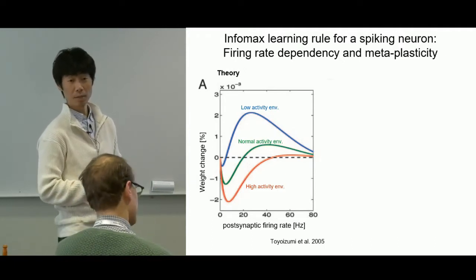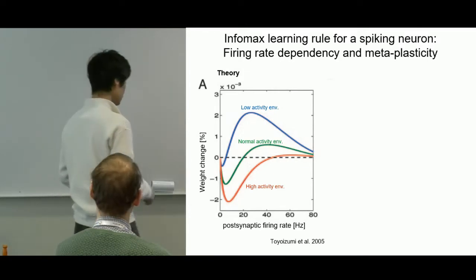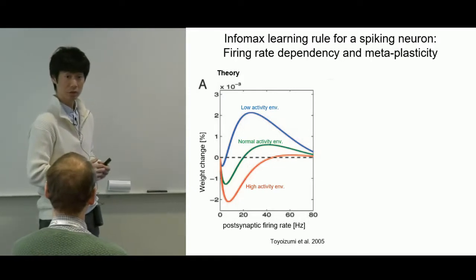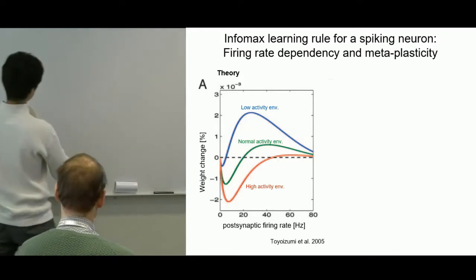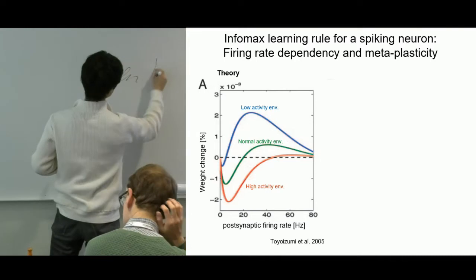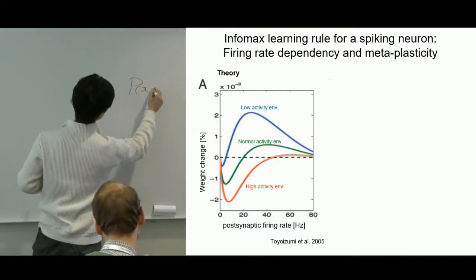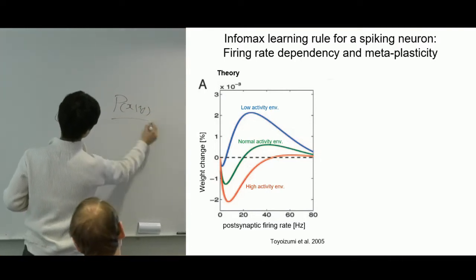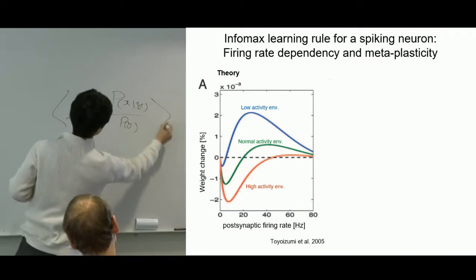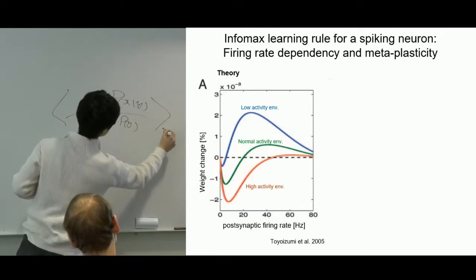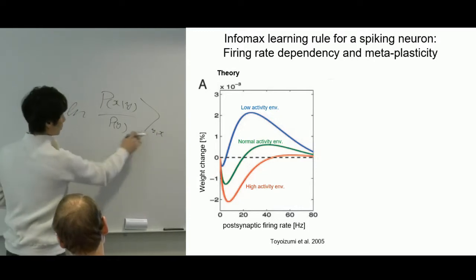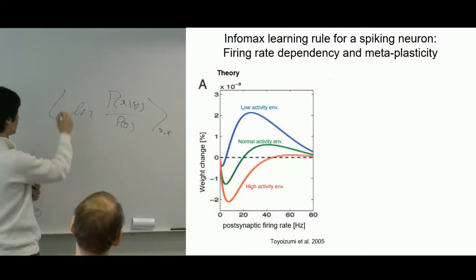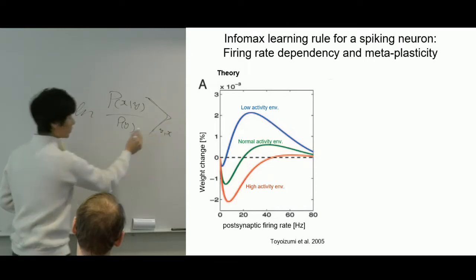For your learning rule, what was the ensemble from which you assume the inputs are drawn? It's empirical, so it's based on samples. So you can just maximize something like this, which is the mutual information, and this is the average.